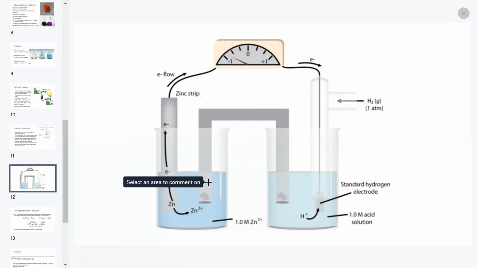Usually, I've seen potassium nitrate or something like that. So we have a bunch of ions in here, and the positively charged ions can actually move in here to counteract the negative charge that's flowing in. Okay? So this is kind of a diagram of a battery.